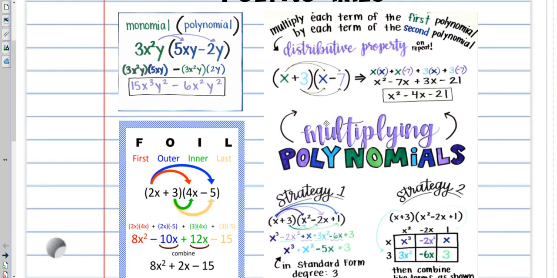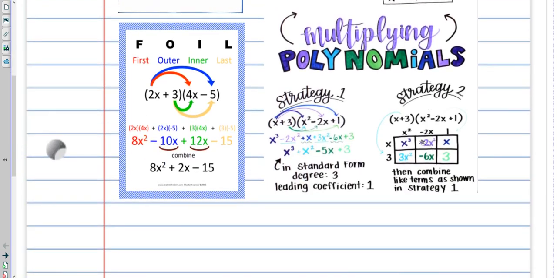In this anchor chart, it says multiplying polynomials and using the distributive property for that. So this is a monomial with a binomial, and here's two binomials being multiplied with each other. Strategy 1 is the distributive property. Strategy 2 is with the table.